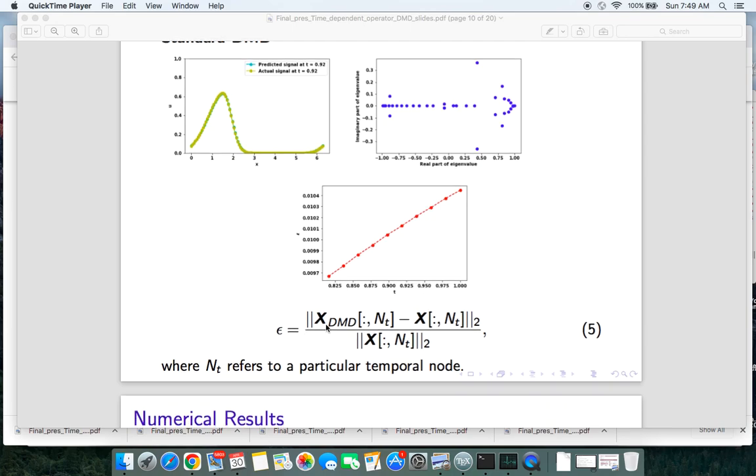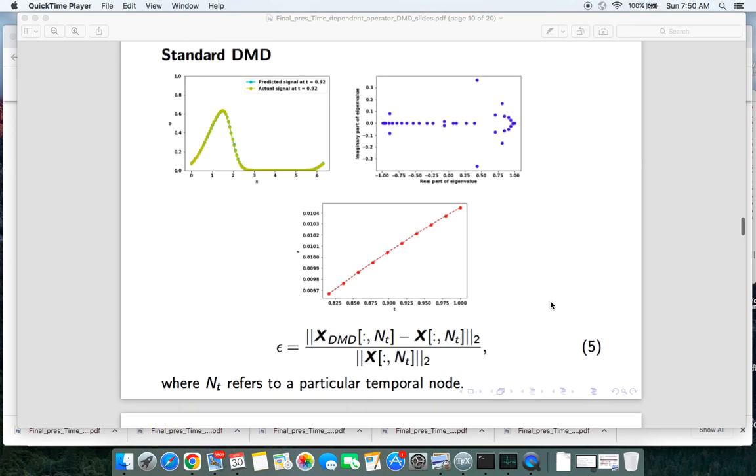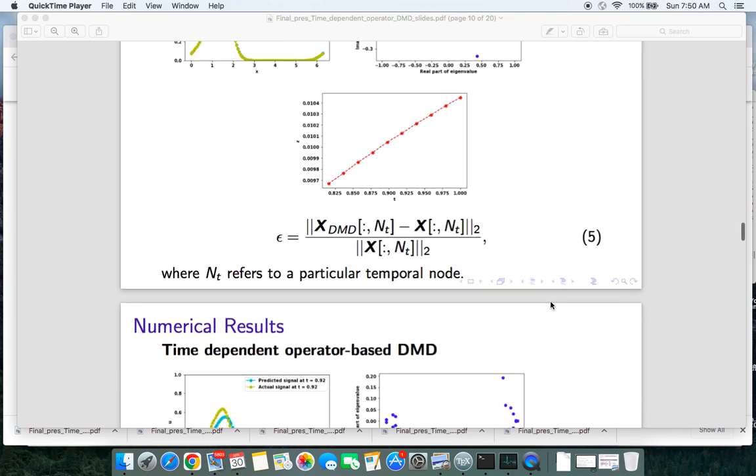We take the 2 norm of the difference between the DMD approximation and the actual solution at a particular time instant, and then divide by the 2 norm of the actual signal at that particular time. So that's the performance of standard DMD.